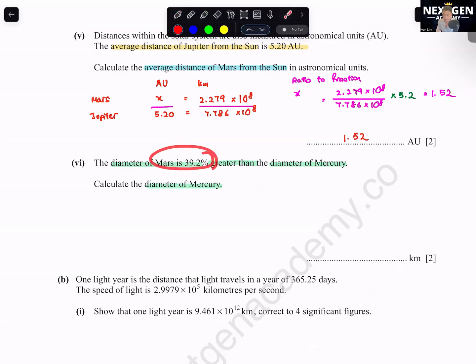Okay, when they say a sentence like this, do we minus 39.2% to find the diameter of Mercury? Or do we consider this as 100 plus 39.2%? Okay, which one? 100, so 139.2% or the minus one?